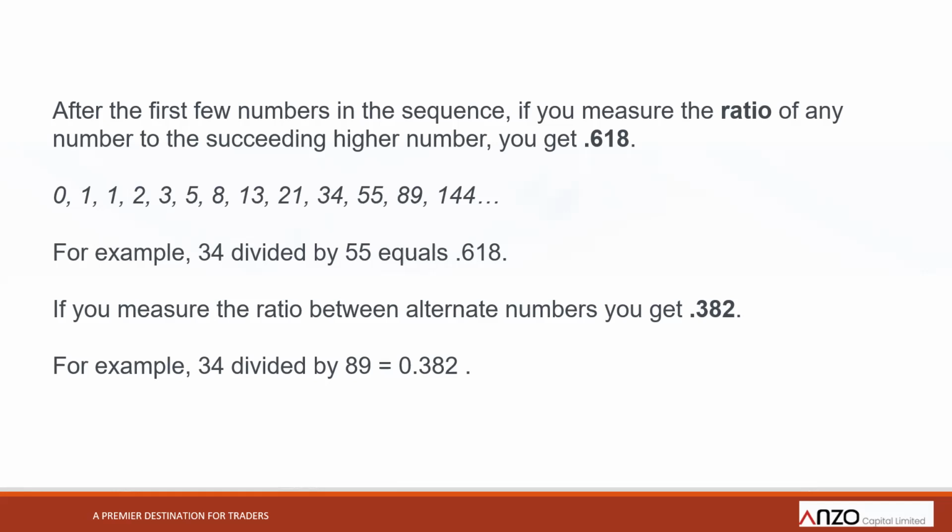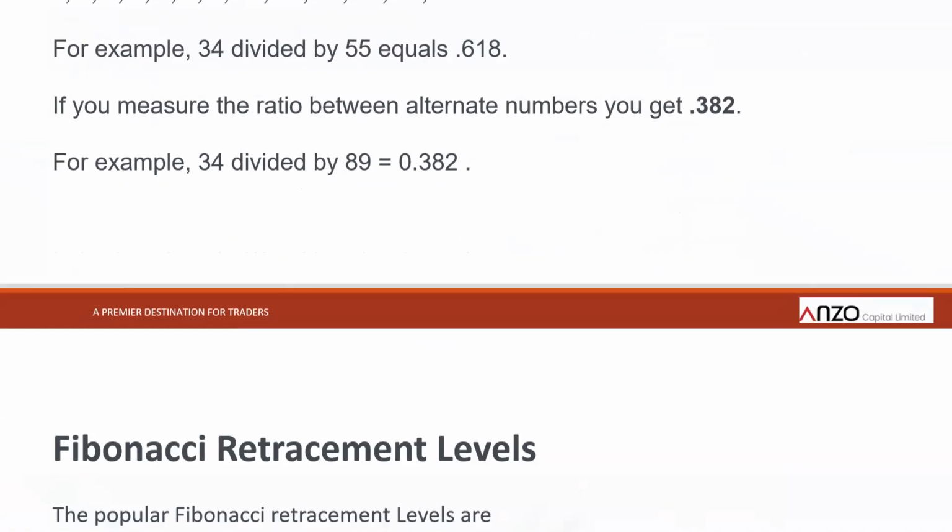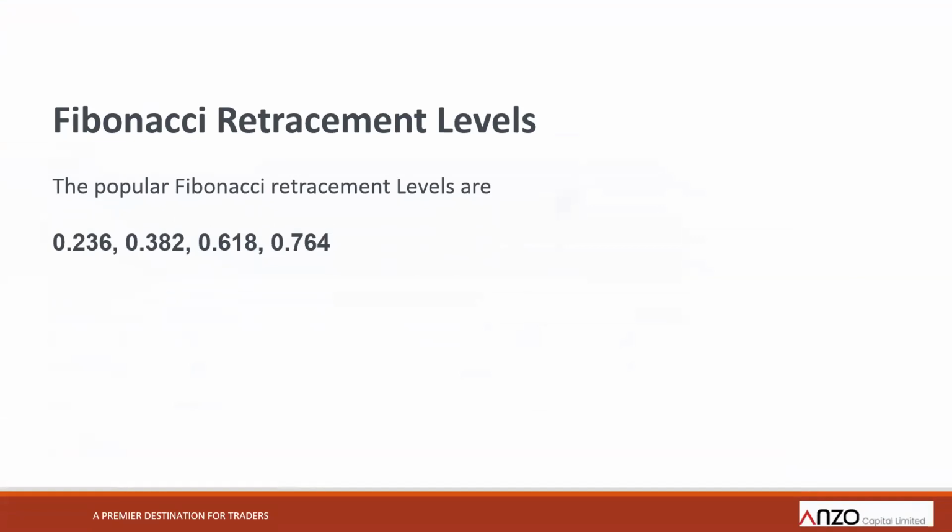Now, just like everything else, when applied incorrectly it will give you incorrect results. We'll see how we can apply the Fibonacci sequence to the forex market using market structure. These are the popular Fibonacci retracement levels: 0.236, 0.382, 0.618, and 0.786 or 0.764.